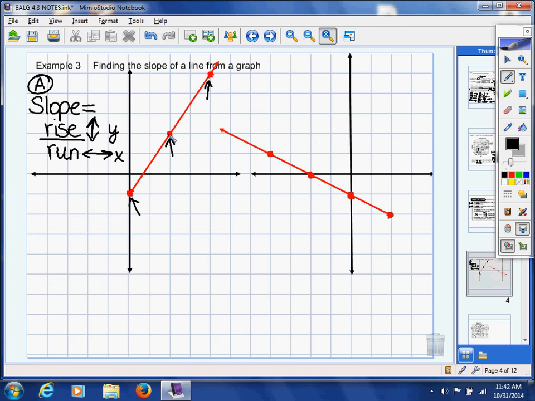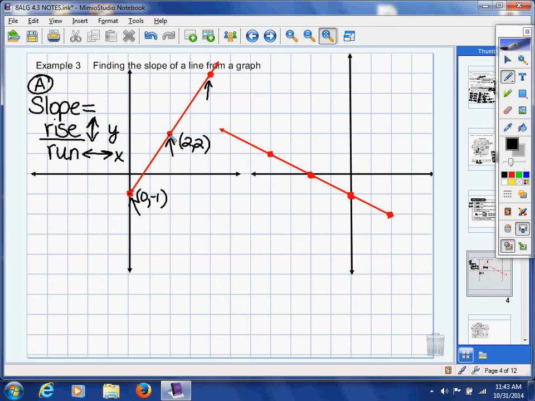Okay, hopefully my pencil tip, you can see that show up. So this is 0, -1. This is 2, 2. Okay, and I want to go from 0, -1 to 2, 2. That's my goal. And I should be able to find the slope of that line using rise over run.